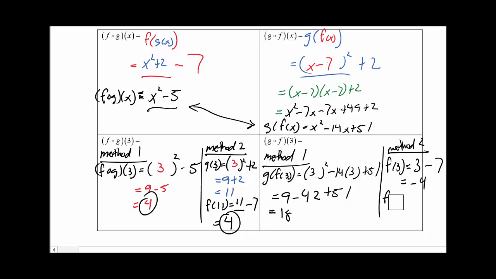And then I want to find g of negative 4, and g of negative 4, that would be something squared plus 2. And so negative 4 squared is 16 plus 2, and we end up getting the exact same 18 that we got doing the other method. So when it comes to this particular skill, it doesn't really matter which method you go with, just whether or not you figured out the original equation.